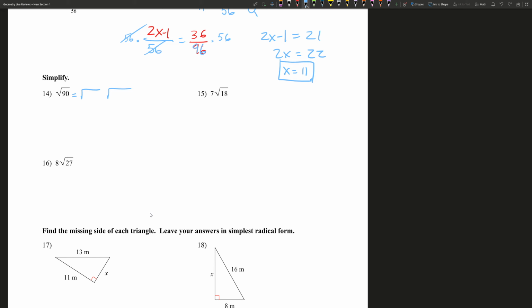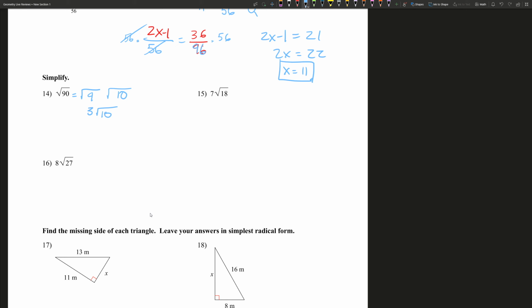So for example, square root of 90 we can rewrite as the square root of 9 times the square root of 10. 9 is a perfect square, so the square root of 9 is just equal to 3, and then this root 10 stays alone. So your answer is just 3 root 10.